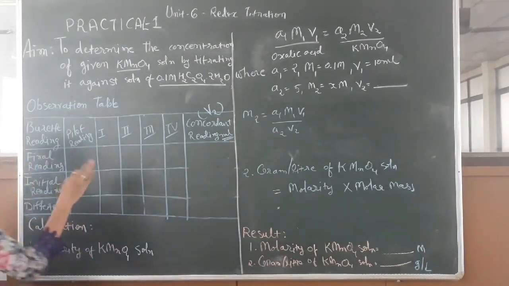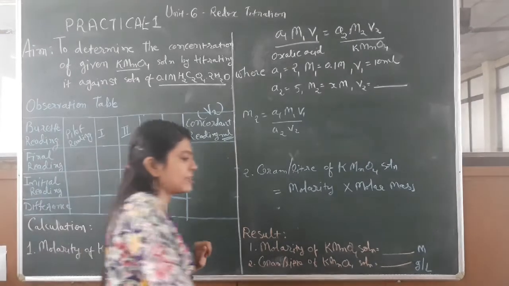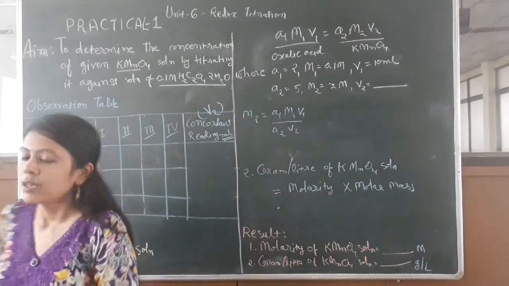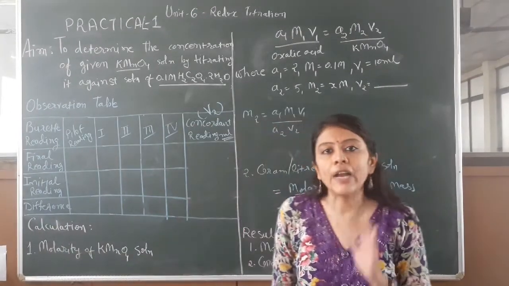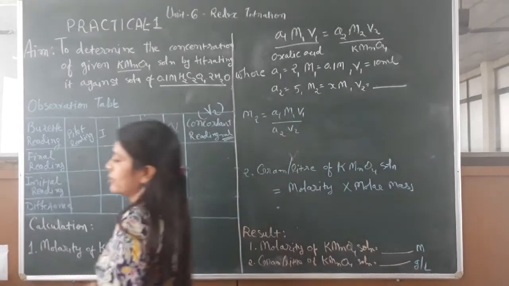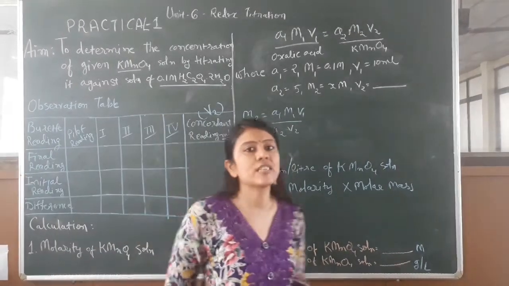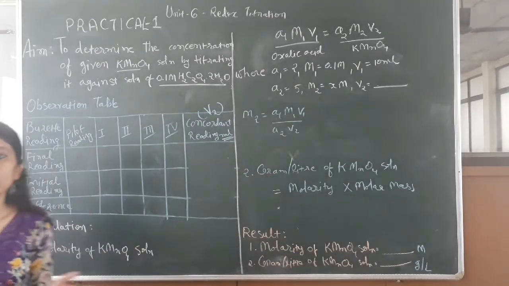But before we go further, what is pilot reading? In the previous year, 11th standard, we already learned about the pilot reading. Suppose our first reading is 10.5, then the pilot reading is between 10 to 11. Suppose our first reading is 12.7, then the pilot reading is 12 to 13.